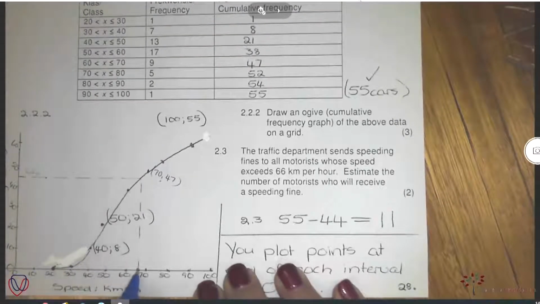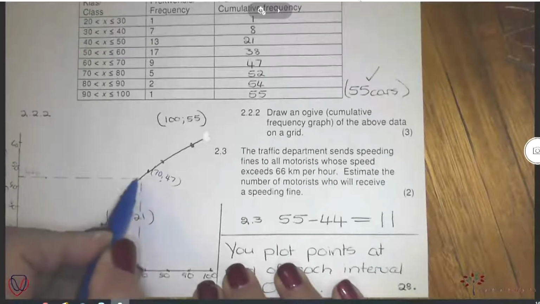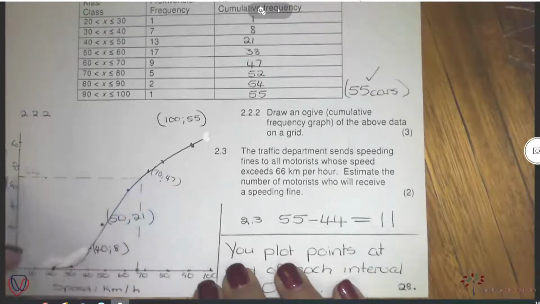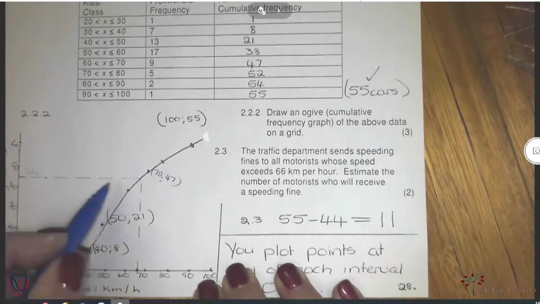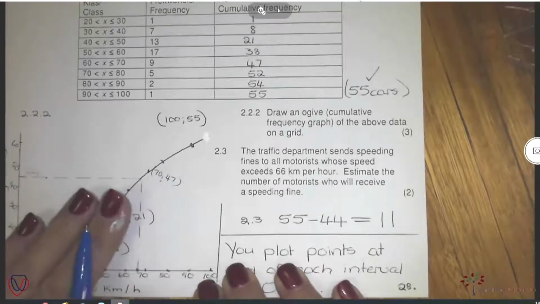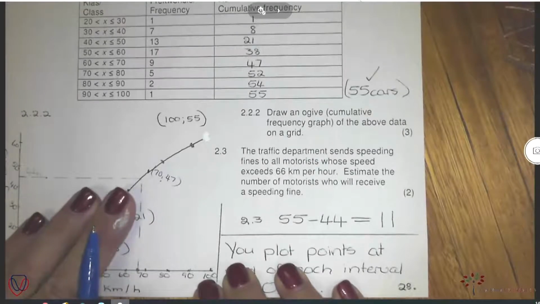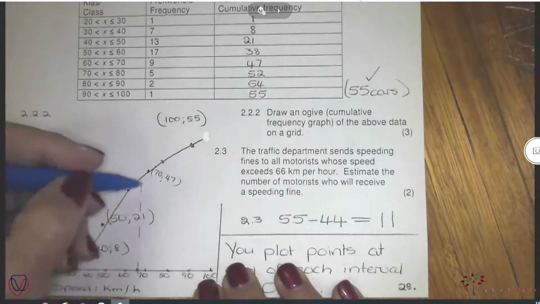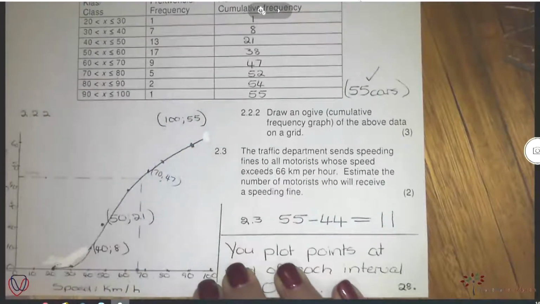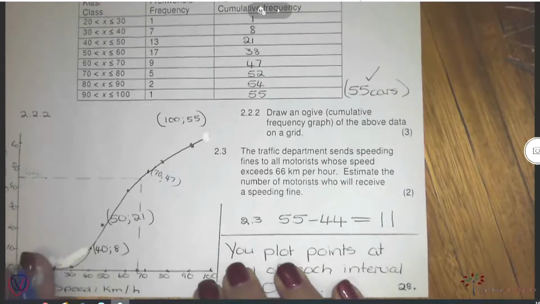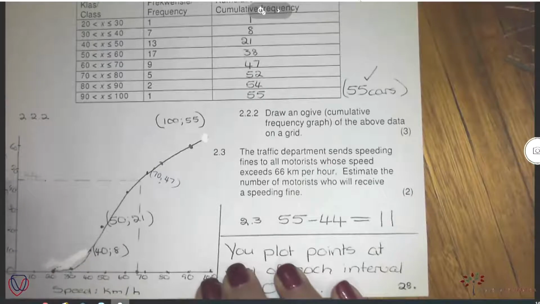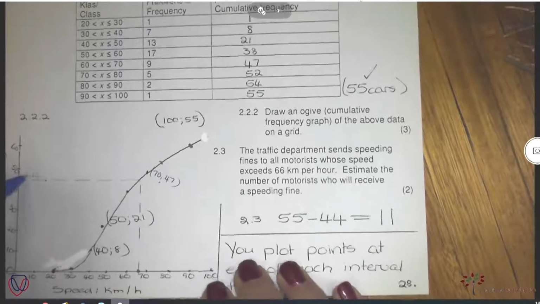We're going to go to 66 there, up to the graph, and the correct answer is 44. So in other words, 44 people did not exceed the speed limit. Can you see that? Only those people who drove faster than 66, they exceeded the speed limit. So 44 did not exceed the speed limit.